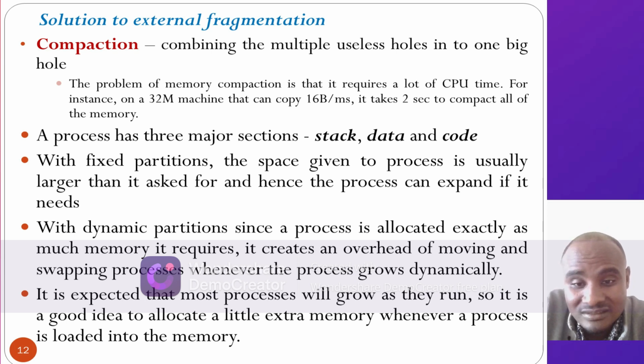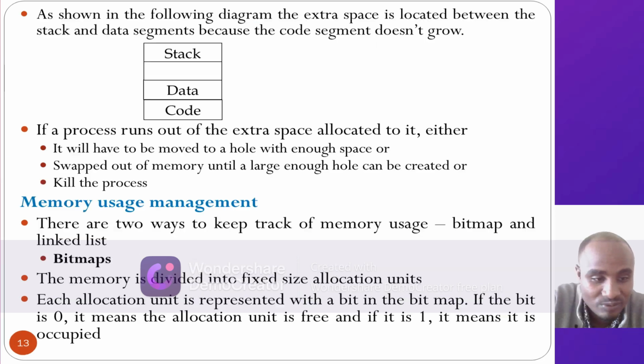It is expected that most processes will grow as they run, so it is a good idea to allocate a little extra memory whenever a process loads into memory. As shown in the following diagram, that extra space is located here. There is stack, there is data, and there is code.